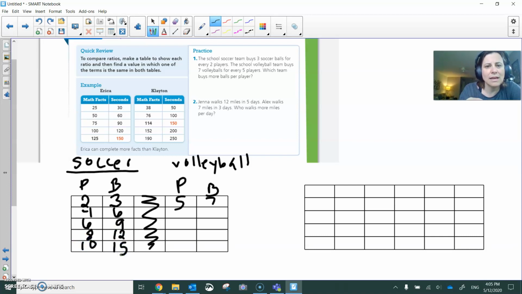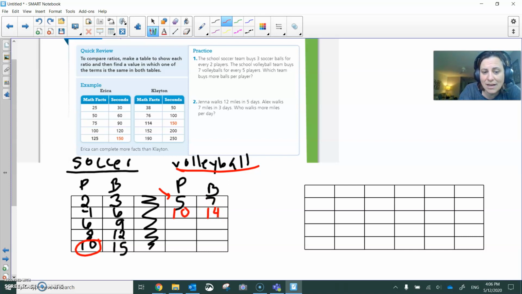Now, what I really like about seeing this 10 here is that when I looked at the volleyball side, I noticed that we start with 5 players, and I know I can get from 5 players to 10 players by just doubling it. So I'm going to double the number of players on the volleyball team to 10, double the number of volleyballs they have, which is 14.